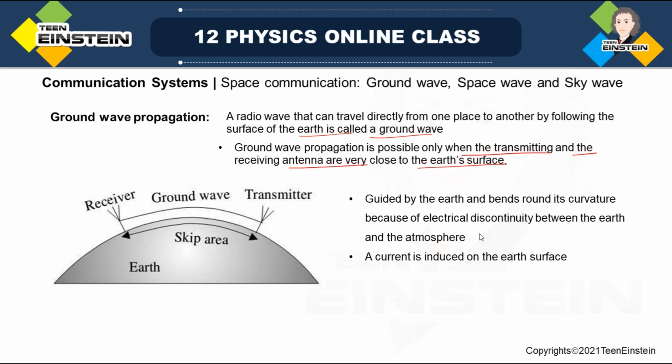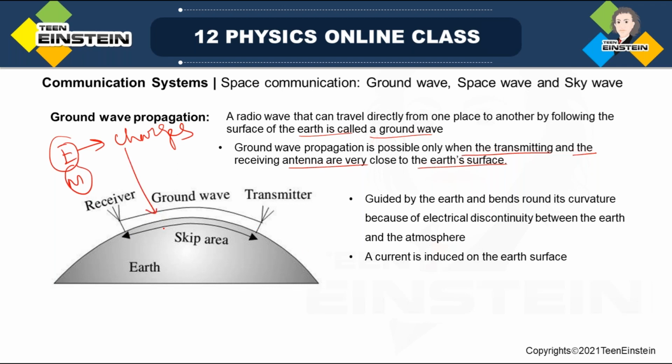When it is following the earth surface, what happens? An electromagnetic wave has an electric field as well as a magnetic field, and this electric field will induce charges on the earth.